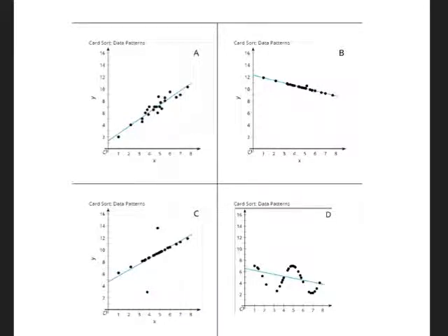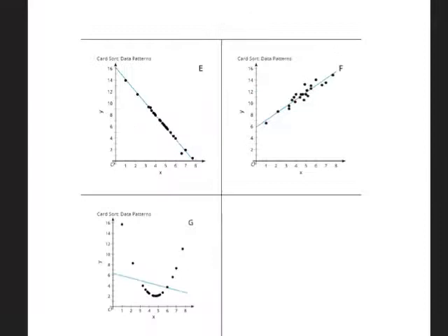And D is not a good linear model. Note, this is actually a trigonometric model. It's one of the functions you'll learn later when you get to pre-calculus, but it's not linear in that most of the data does not form a line. All right, for card E, good linear model. As X increases, Y decreases.